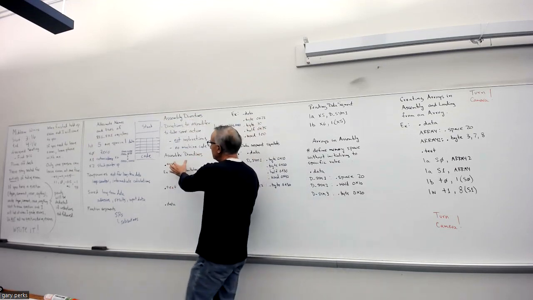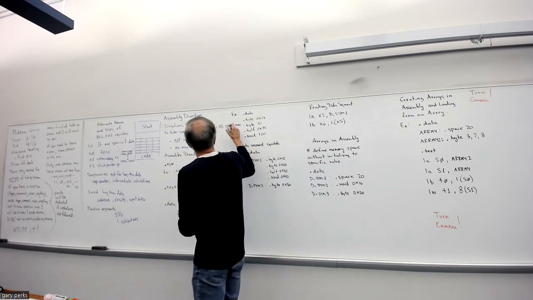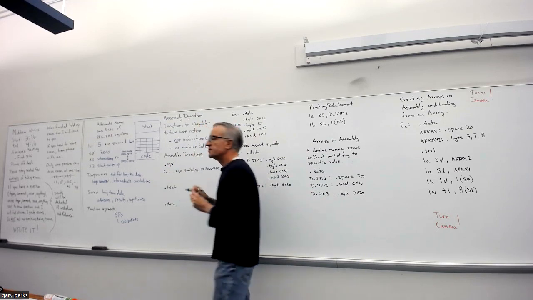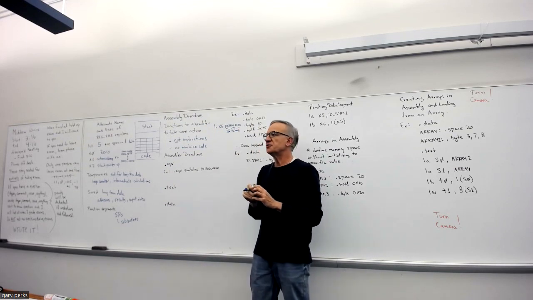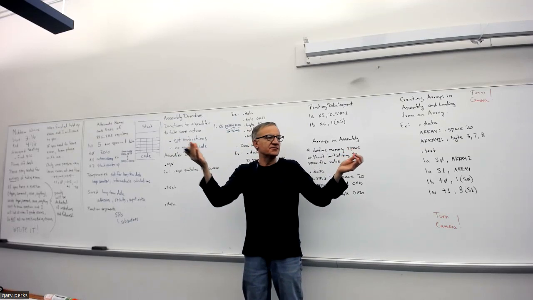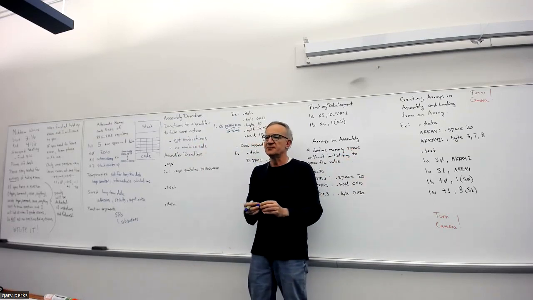Well, if you have this assembler directive before your code, instead of writing this number, you can just write the word switches. It just substitutes a word for some value. And again, the purpose of it is just to make your code more readable.